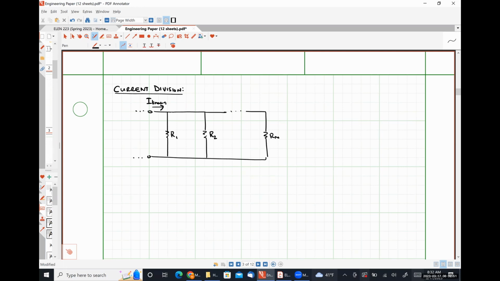Okay. So since there is current flowing through these 3 resistors, we should expect that there is some voltage drop across these resistors. And because all of the resistors are in parallel, that voltage V is common to all of them. I'm going to say that my current will split in these directions, right? So all of our resistor currents will be in the down direction.